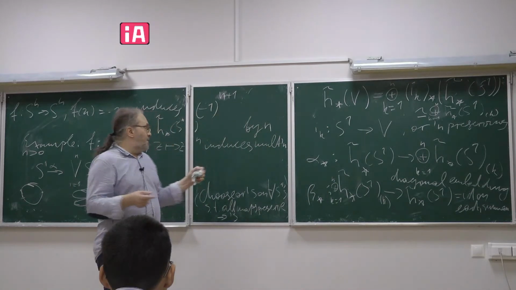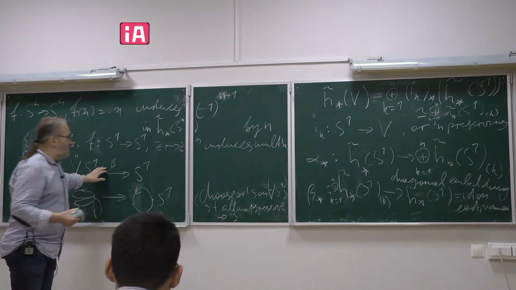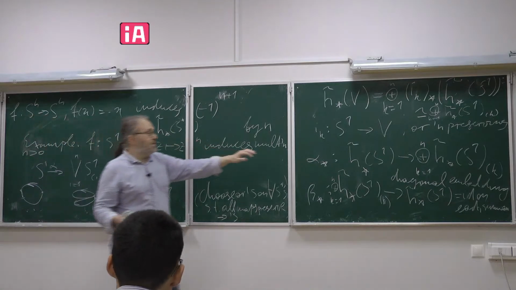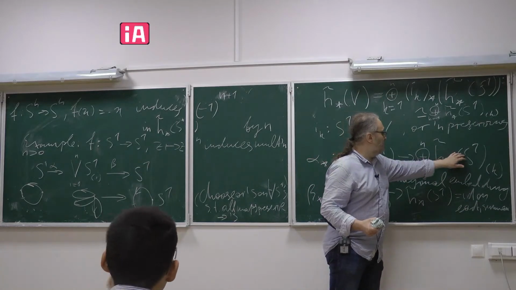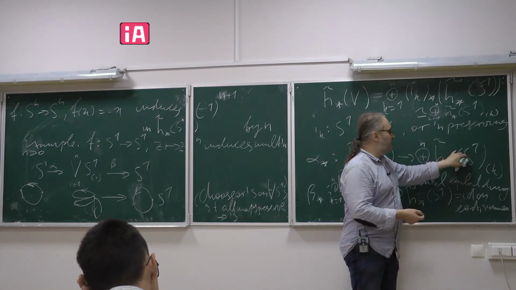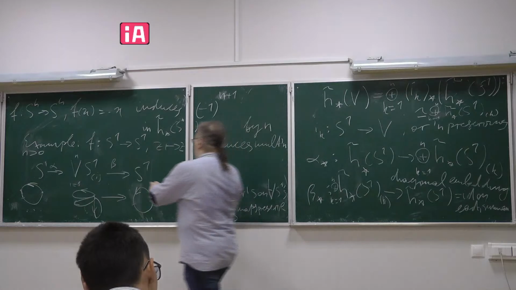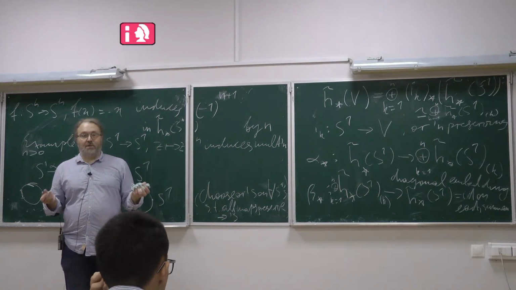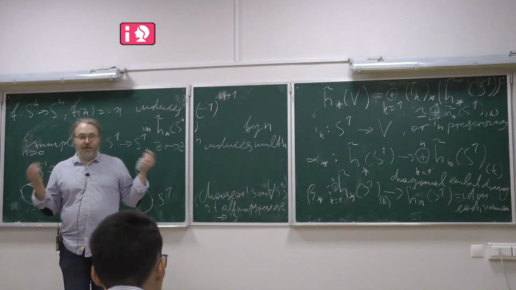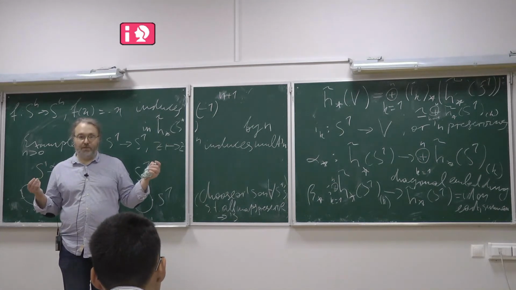Okay, now we look at this map. Well, for similar reasons, the map from this direct sum to the homology of S1 is basically the identity map on each summand.